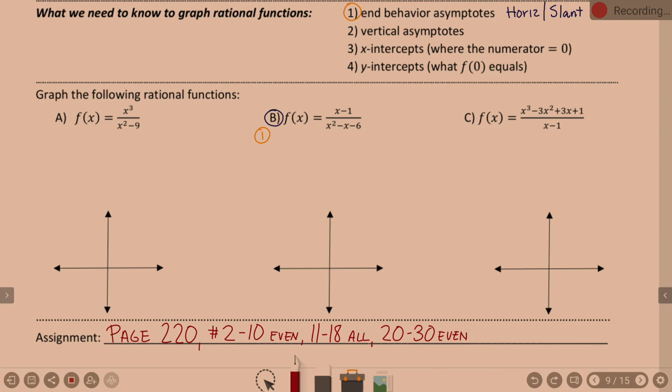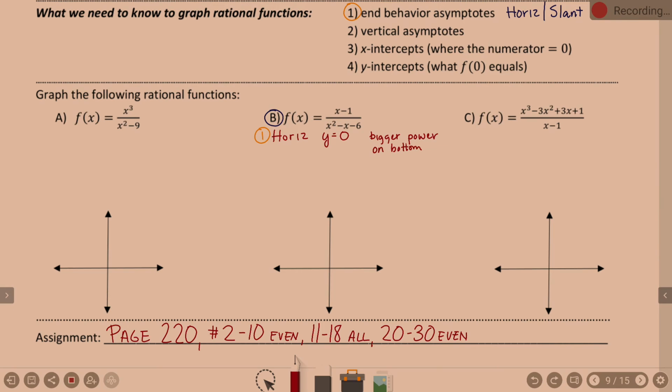I switched the order of what we're doing here. The biggest power is on the bottom. So there is a horizontal asymptote at y equals 0. If you need to write yourself a note, the bigger power was on the bottom.